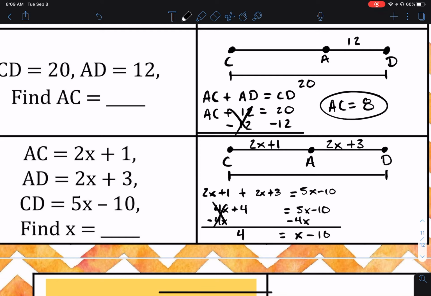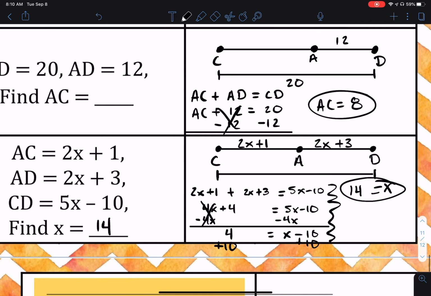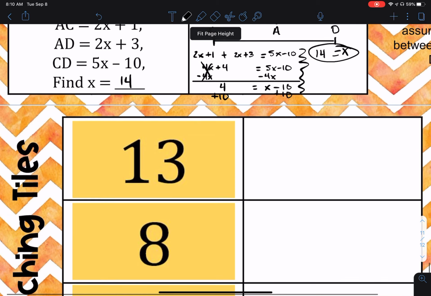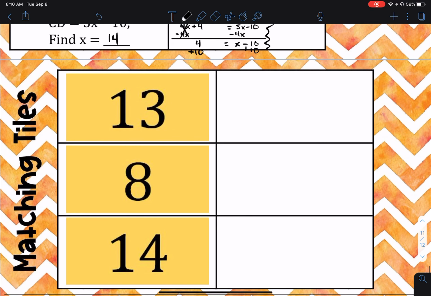Now my last step is to get rid of this minus 10. So in order to get rid of minus 10, I need to add 10 to both sides. So add 10, add 10. Finish up over here. You get x is equal to 14. And what do you know? There's your answer choice of 14.